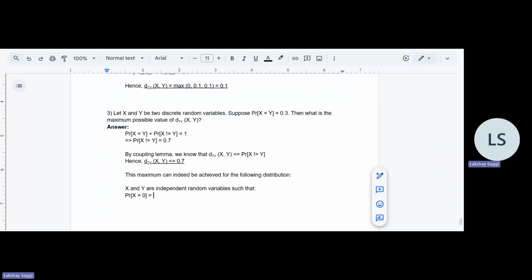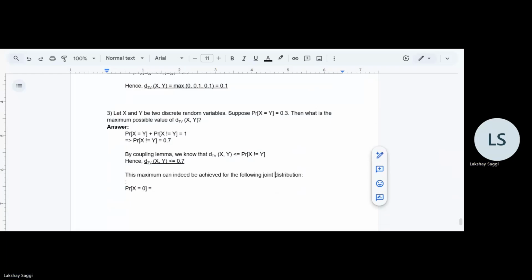What kind of a distribution can we make? Or maybe let's just not have independent random variables, but just this kind of a joint distribution.